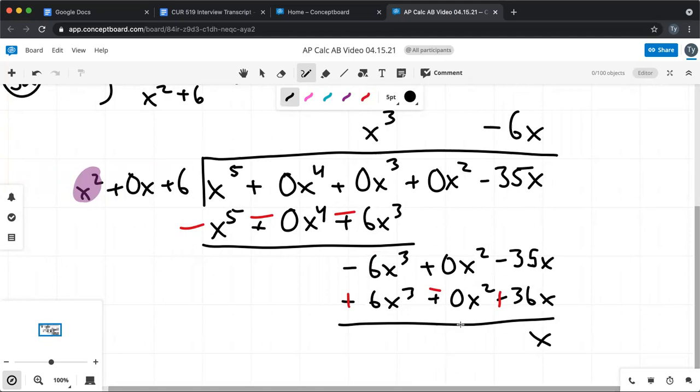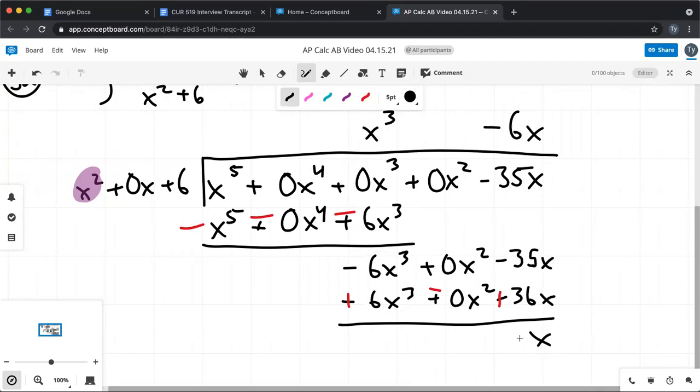All right, at this point, let's try it again. Let's say, what can I multiply to x squared to get x? Well, there's not much we can do. We could think about multiplying by a fraction, but that's not how we do division.